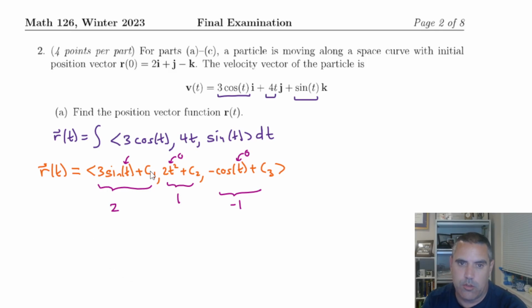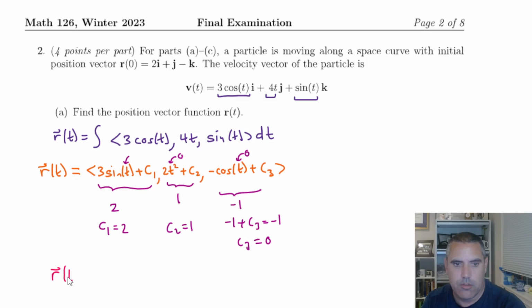Well, 3 times 0 plus c1 is 2, so c1 has to be 2. 0 plus c2 has to be 1, so c2 is 1. This one, when I plug in 0, I actually get negative 1 plus c3 equals negative 1, so c3 is actually 0. All right, we have done it.